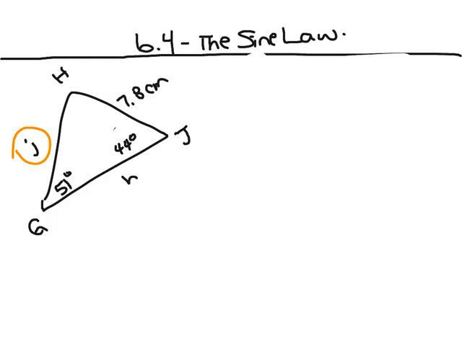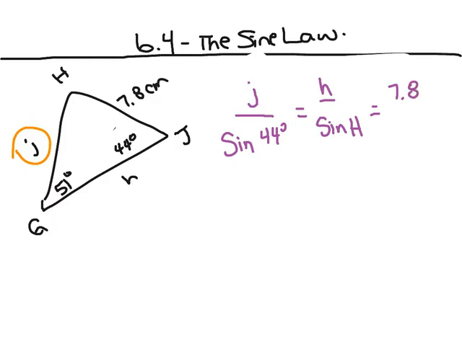So let's start with j. So side j is over sine of angle J, which is 44 degrees. We're going to set this equal to h over sine of H, which is equal to g, which is 7.8, over the sine of 51 degrees.